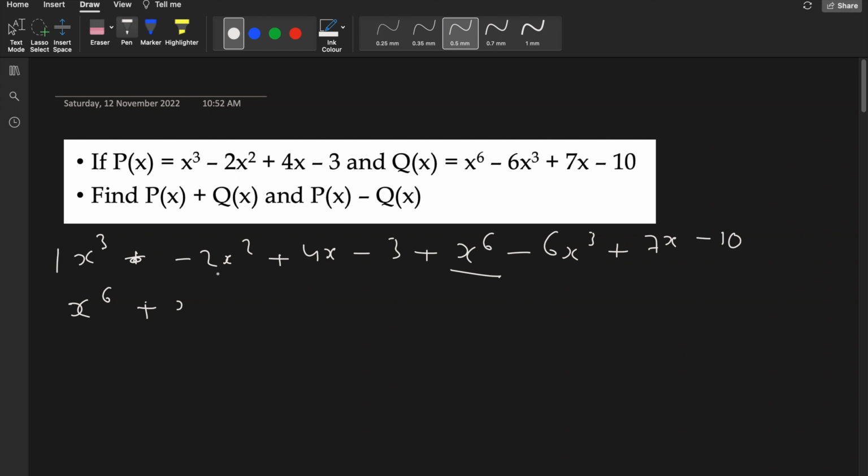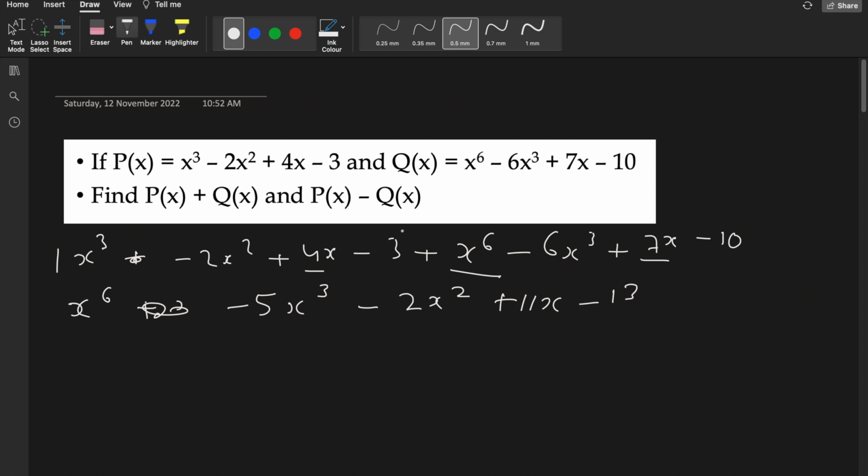Then this is 1 and minus 6, so that would give us minus 5x to the power of 3. And then this is the only x squared term, so you can write this. And then 4 plus 7 would give us 11x. Then minus 3 minus 10 would give us minus 13.